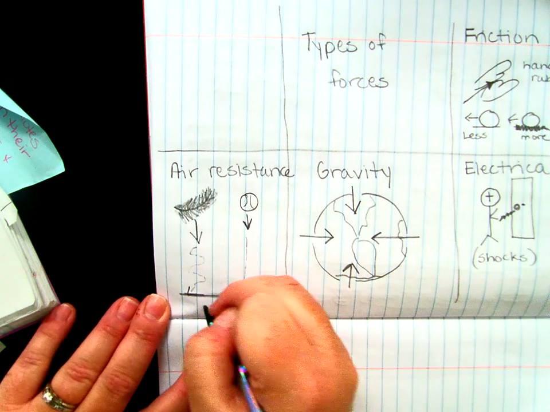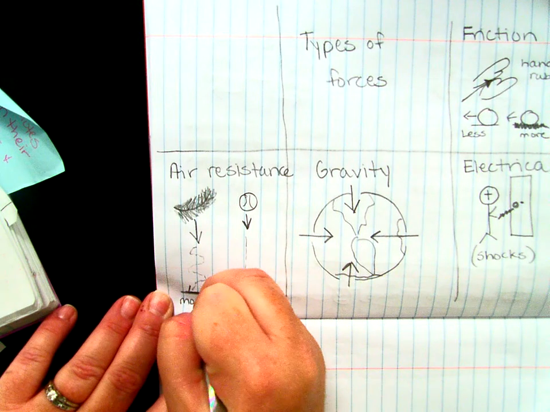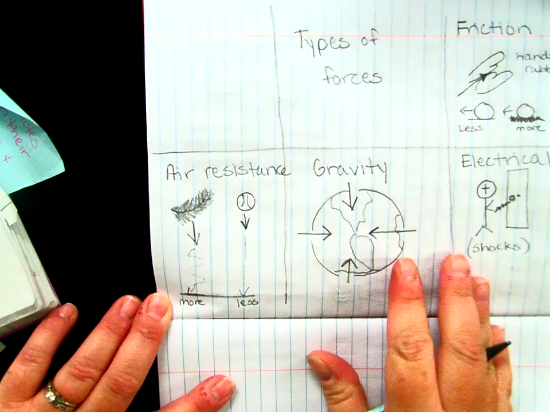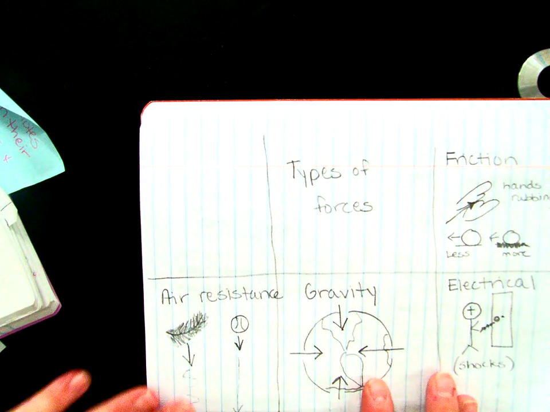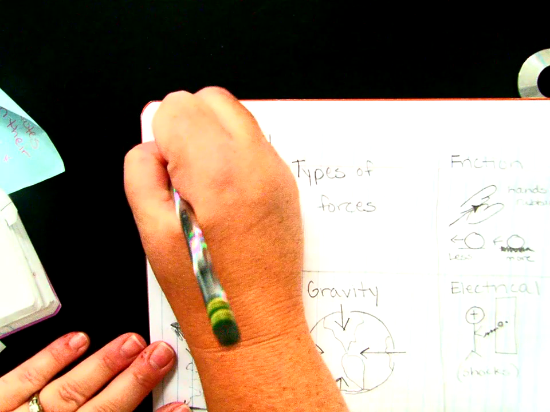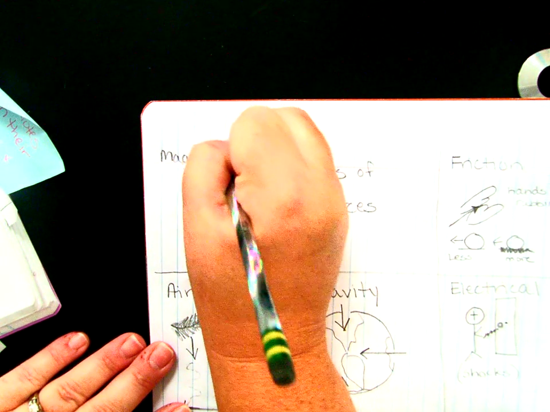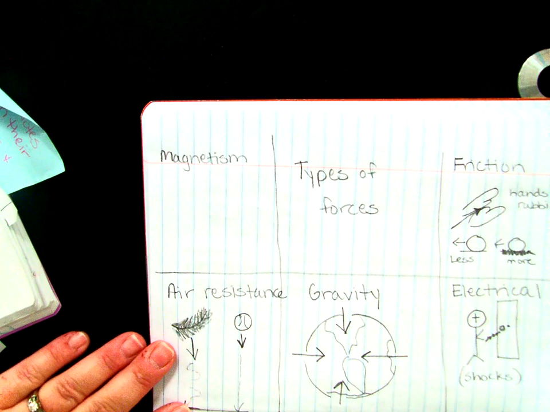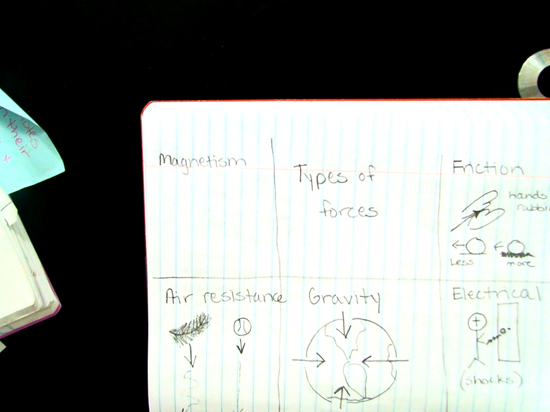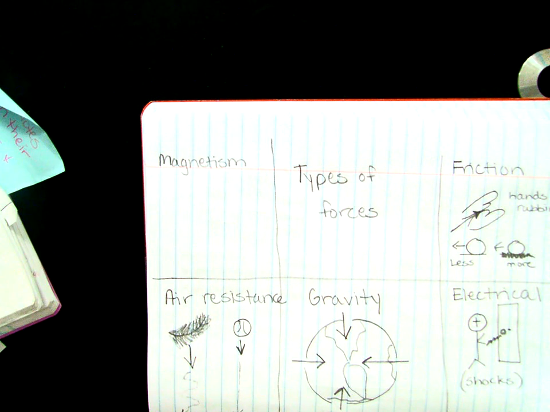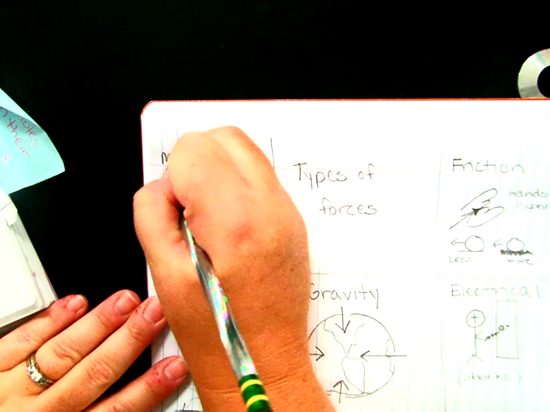And last one up here at the top, let's do magnetism. Now, magnetism is one of these where opposites attract. So let's draw old school magnets from when you were a little kid. You have a North Pole and a South Pole.